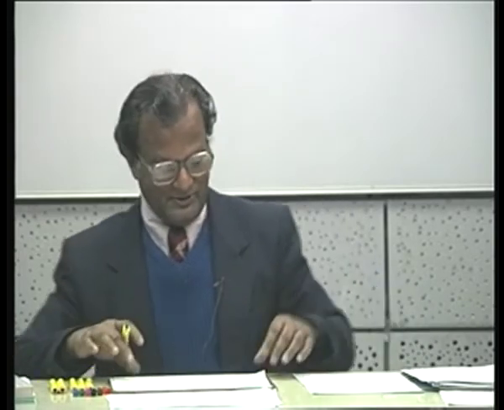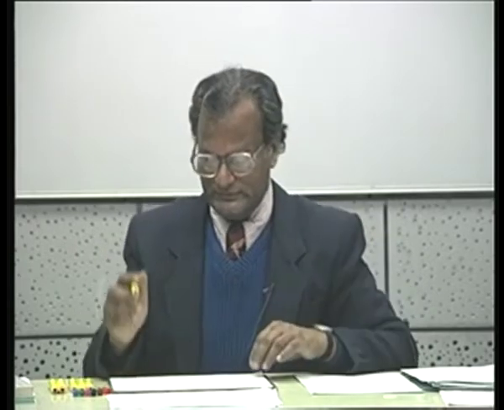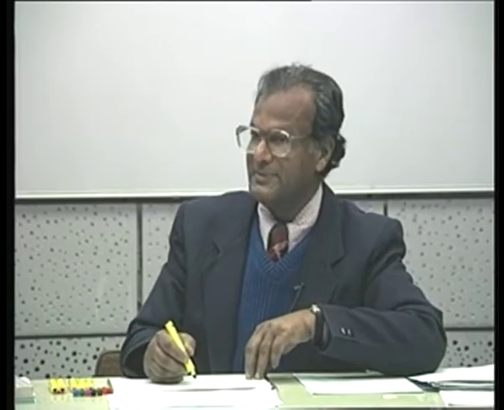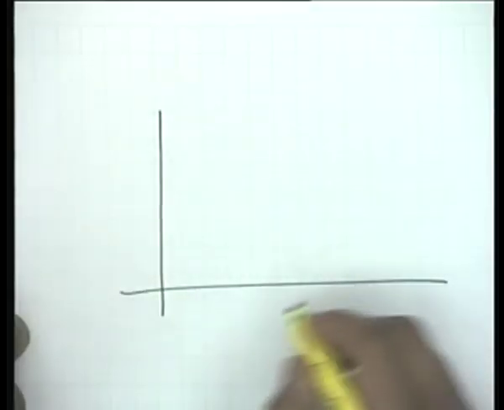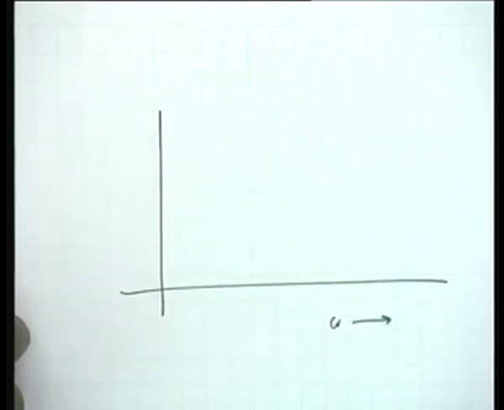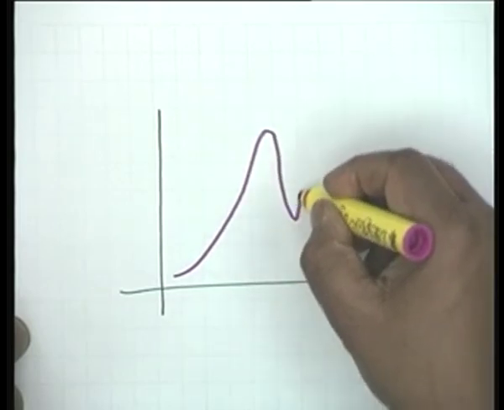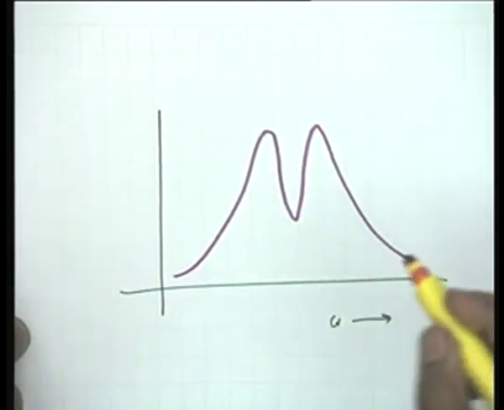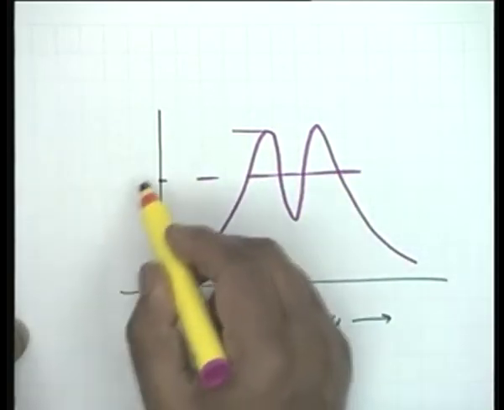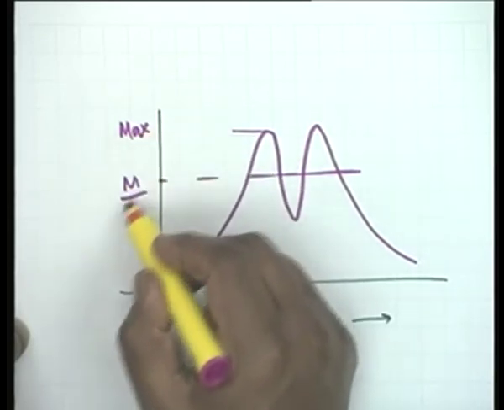All right. Let me now talk about a bit of practical sense. You see, with a double tuned response, with a double humped response, this is called double hump. Okay, omega, and let's say we have the response like this. Suppose the hump is like this. This is the maximum, and this is max by root 2.